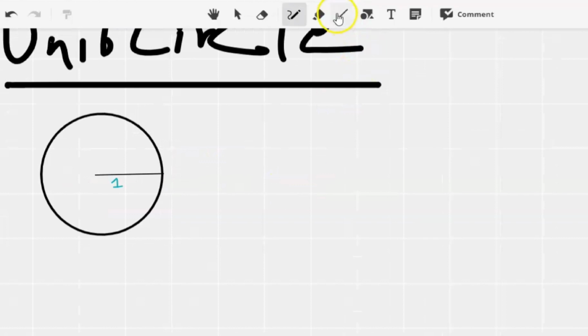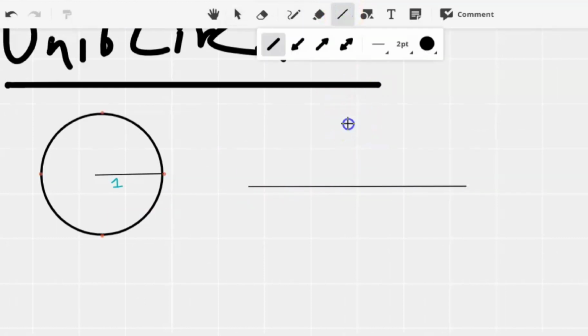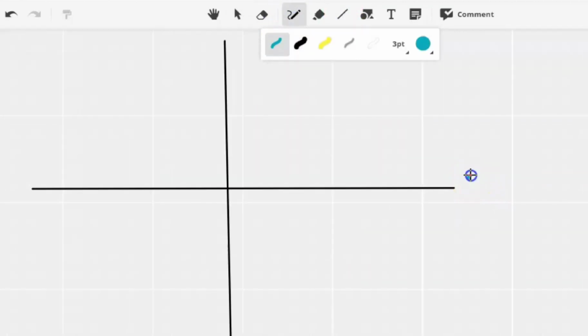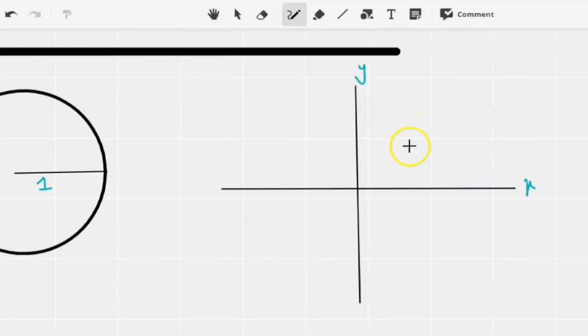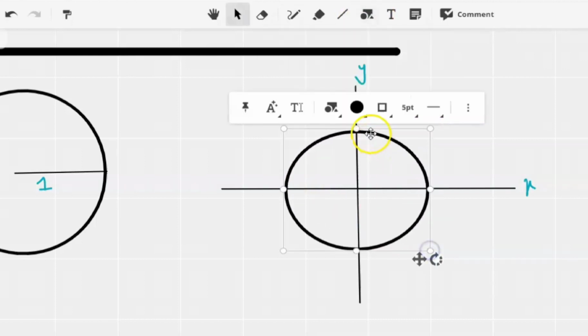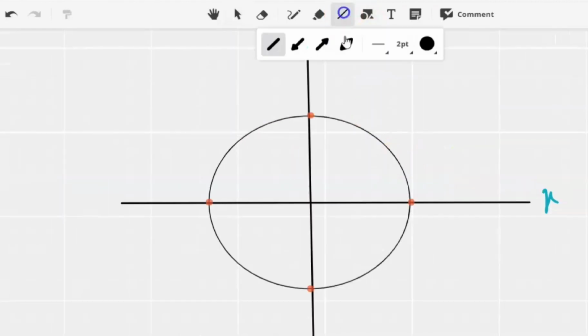Okay. Now you all know about the Cartesian plane, so let's make a Cartesian plane quickly. Our Cartesian plane has some x values and some y values. Now I'm going to draw a unit circle on this, like this.